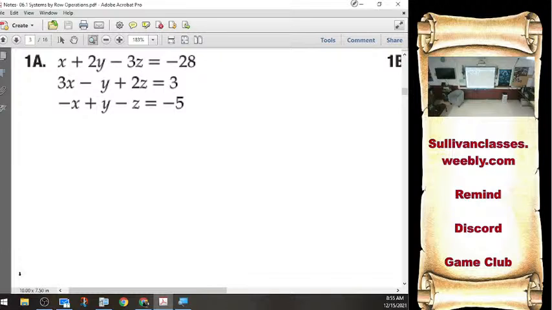Should I just bring this bottom equation up below it? Because I did negative 3 times equation 1 plus equation 2, and then 3 times equation 3 plus equation 2. Then write equation 1 above it. I keep that same equation. Yep. Now, where do I go from here? Well, now get rid of that bottom y.